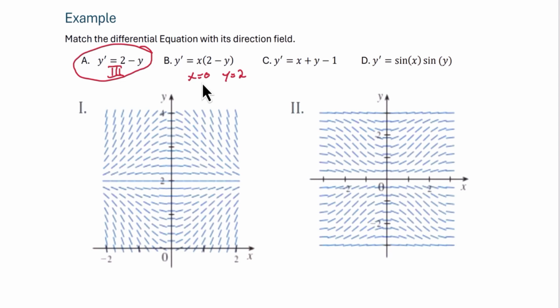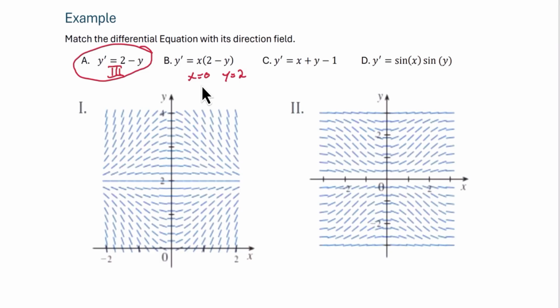So do we have horizontal lines on the y-axis anywhere? Notice in graph A, it looks like we do have horizontal lines on the x-axis. We also want horizontal lines on y equals 2. We have that here as well. So it looks like that's probably going to be the case.